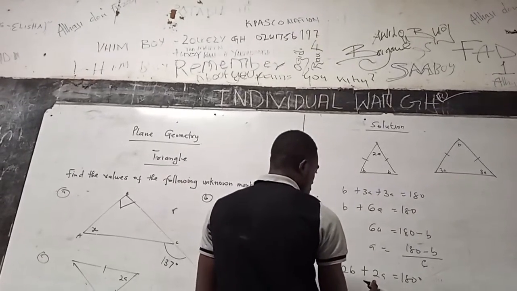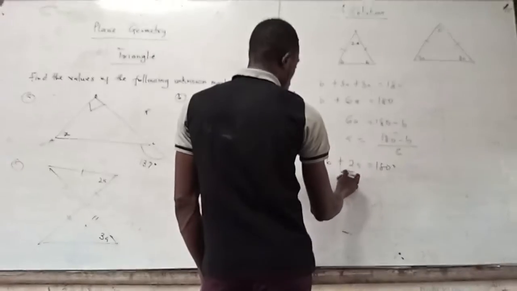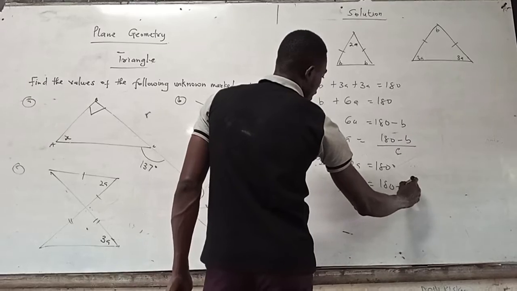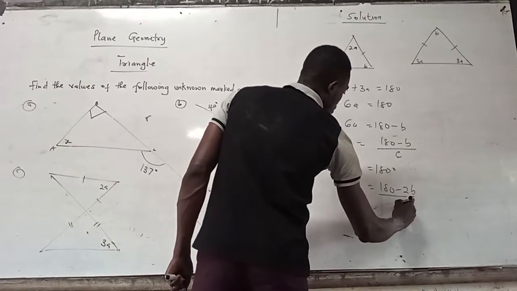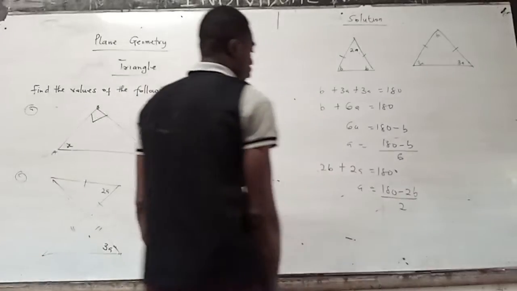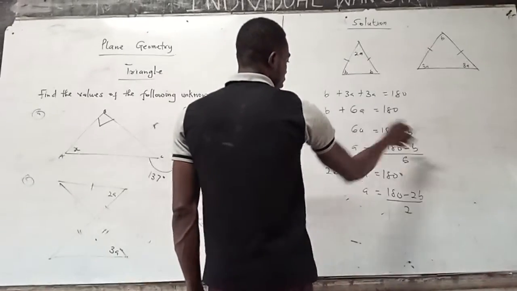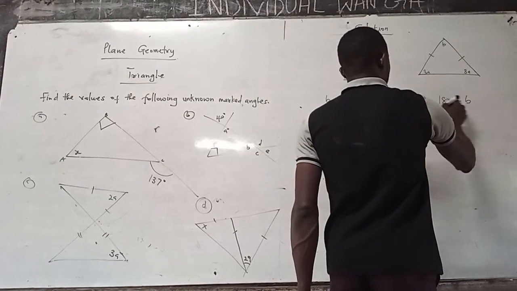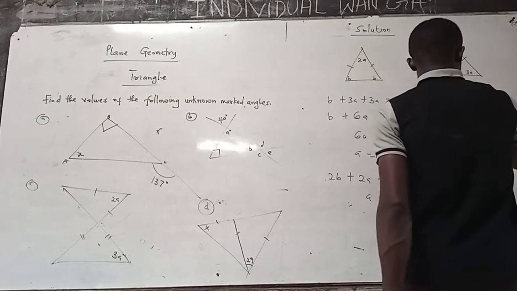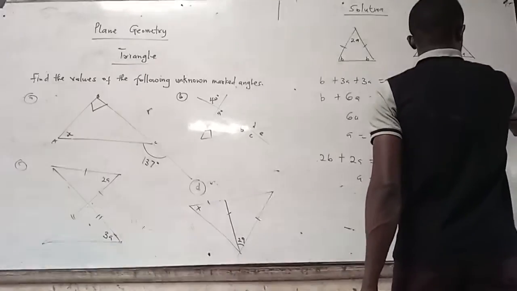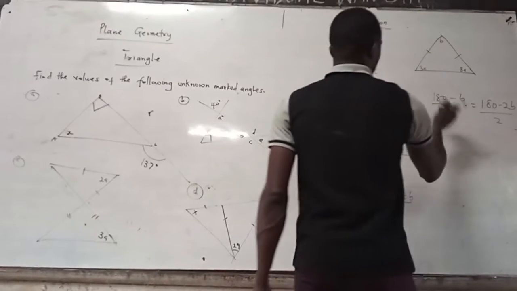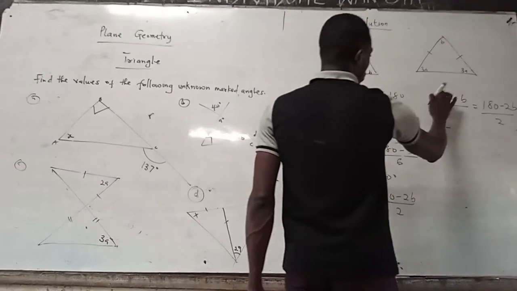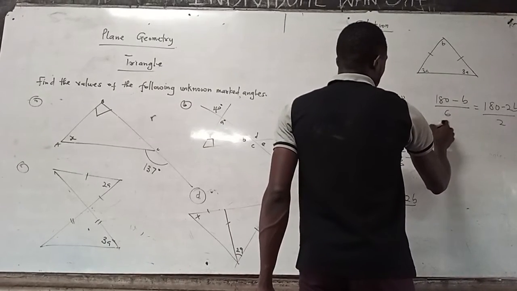So this side also, if you want to find A, A will be equal to 180 minus 2B, divided by 2, and this one is 6A. So we can equate it: 180 minus 2B over 2. We multiply this and get 360. This one is multiplying here. Let me write it properly so that you will see.